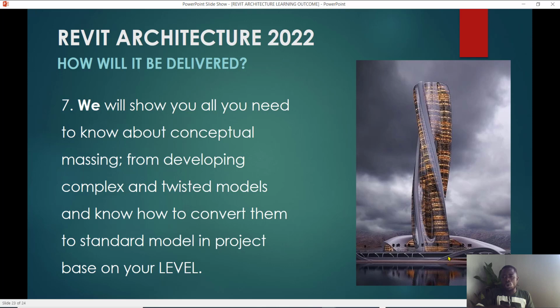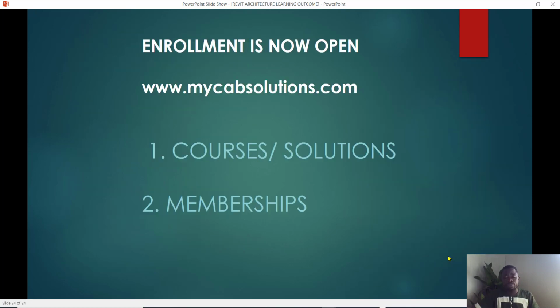Okay, so when you form the models like this, how are you going to get the various floor plans from it? We'll show you how to get that based on your levels.